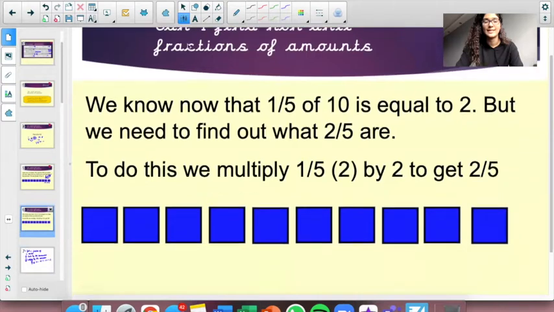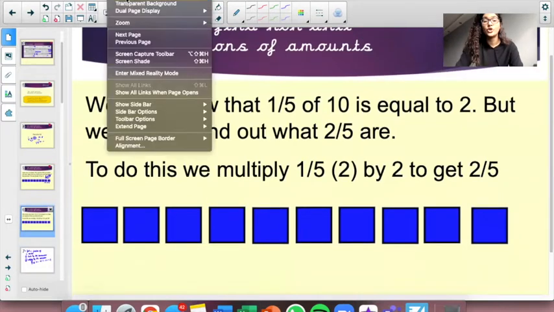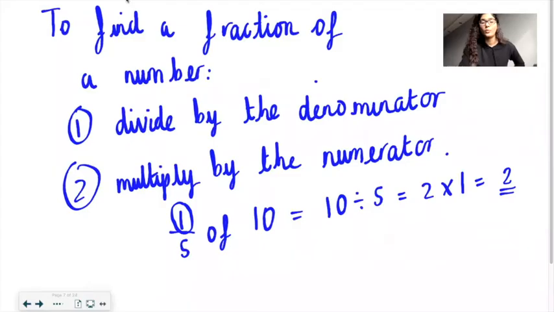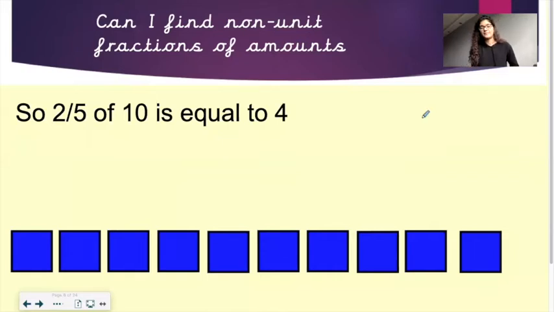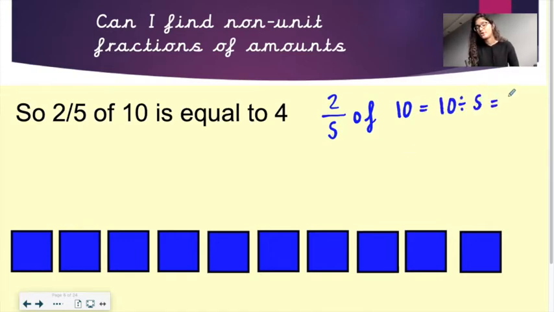Now that is what we are saying here. So to work out 2/5 of 10, I'm going to write it here, 2/5 of 10, same exact rule, okay? You divide by the denominator, so 10 divided by 5, which is equal to 2, and then you multiply by the numerator.